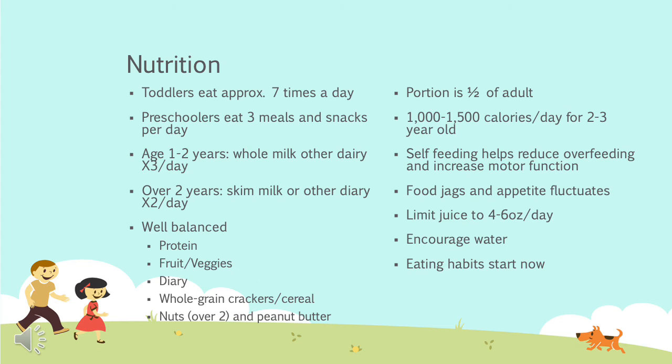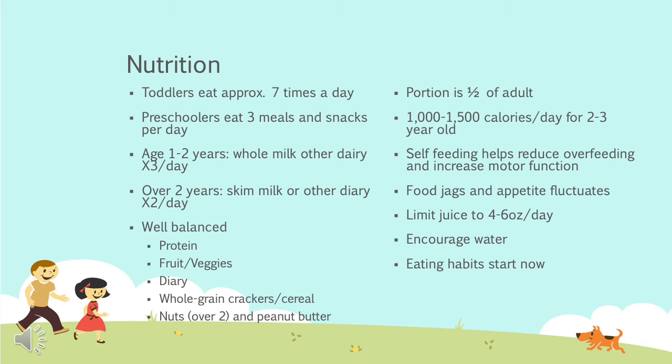You want to make sure that their nutrition is well balanced. So a lot of guidance for the parents, because in this early childhood age is when they develop lifelong eating habits. So they should have lean protein, fruits and vegetables. They should have their dairy, whole grains, just like an adult diet should be, except you want to avoid choking hazards, which we'll get into in the next part of this lecture.